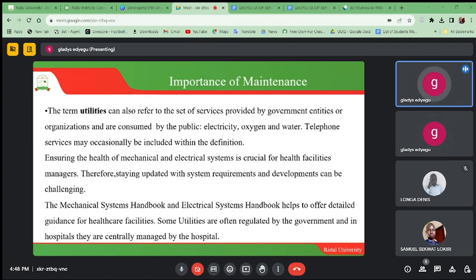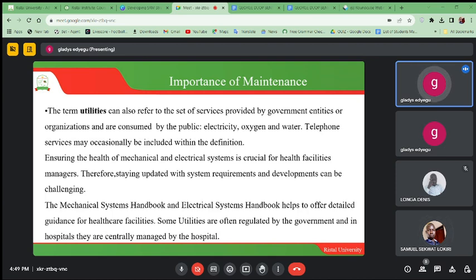So ensuring the health of mechanical and electrical systems is crucial for health facilities and their managers. When you don't have water, you don't have power, then you're not able to provide these services. So it is very key that electrical systems are provided so that the machines can run and so many activities will be supported in the facilities.